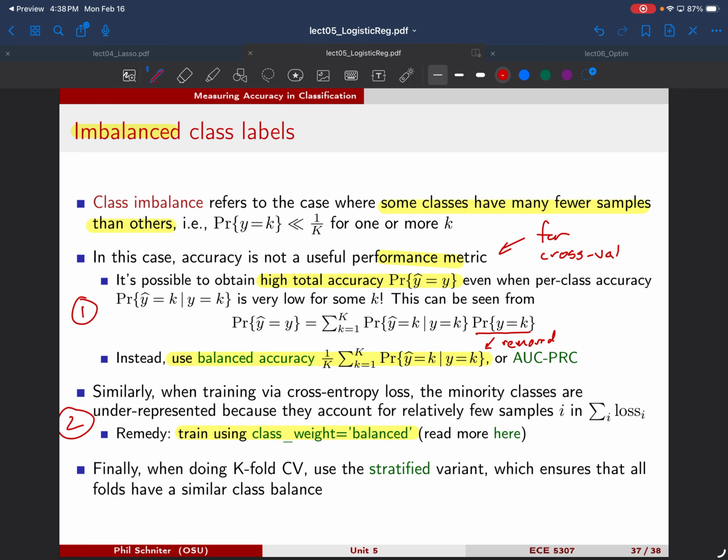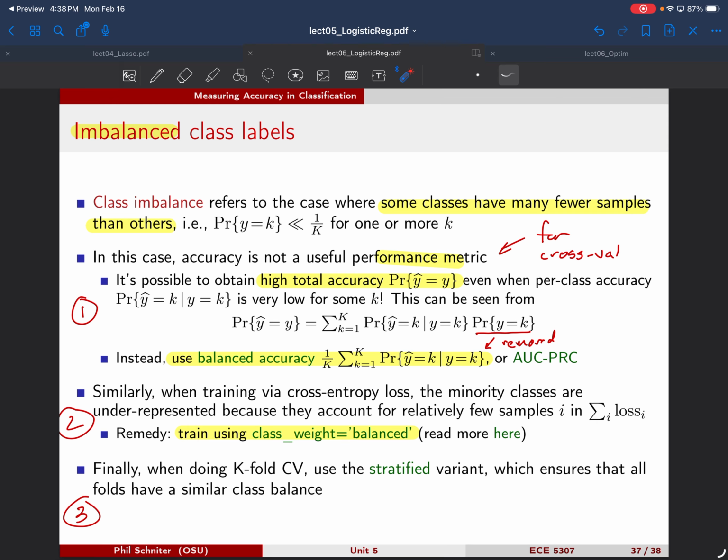Okay, one last thing you can do. When you do k-fold cross-validation, if you have a rare class, the samples for that rare class could be missing from a lot of your folds, because your folds are just random and maybe there aren't tons of samples in the fold. So the minority class is missing from some folds, and that means the error you measure in those folds might be misrepresenting what you really care about.